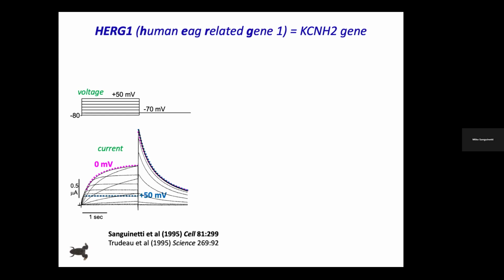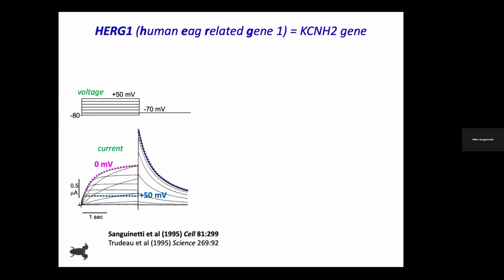The usual way of describing it is that the currents are slow to activate at these negative potentials. And then you get to about 0 millivolts, the currents reach a maximum. And then at 10, 20, 30, 40, 50 millivolts, the currents get smaller, the tail currents get bigger, just like IKR did.